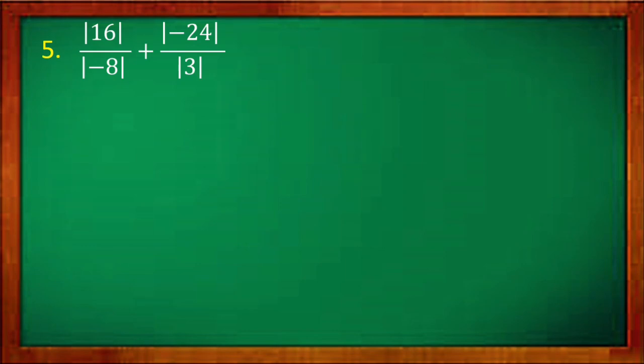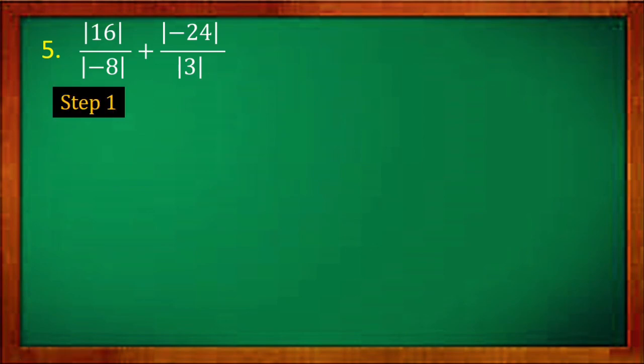So now let us have our last example for this lesson. For example number 5, absolute value of positive 16 divided by absolute value of negative 8 added to the absolute value of negative 24 divided by absolute value of positive 3.